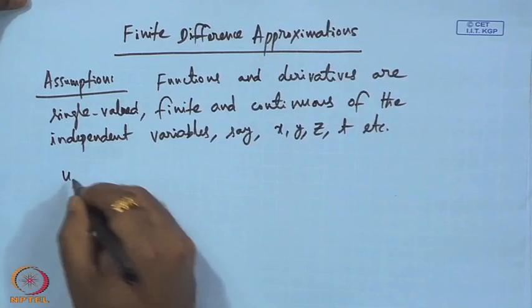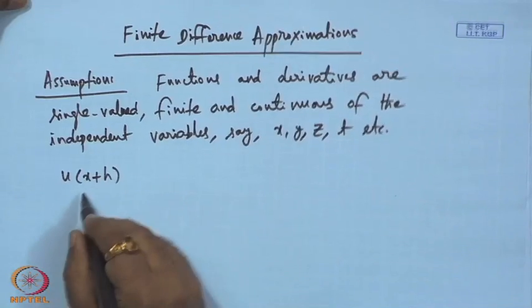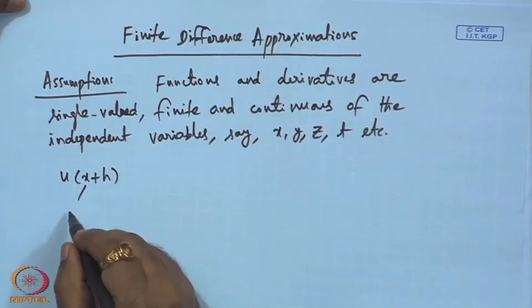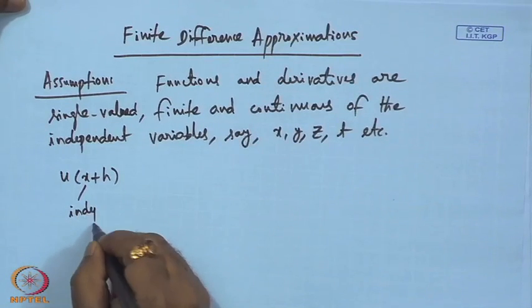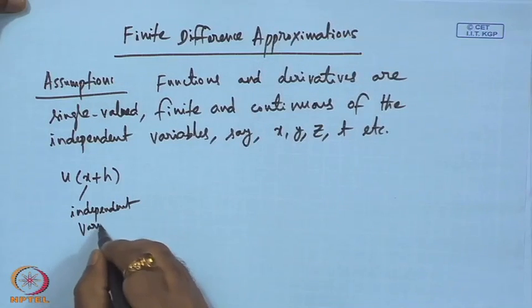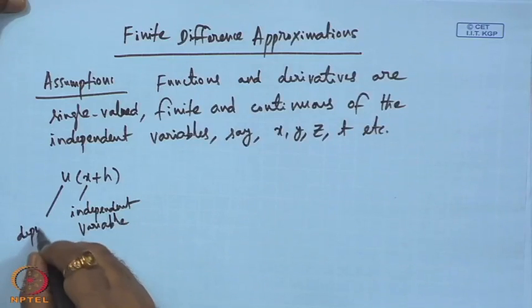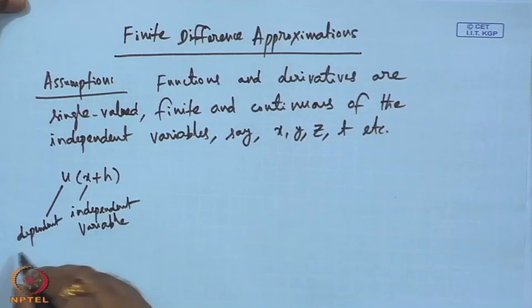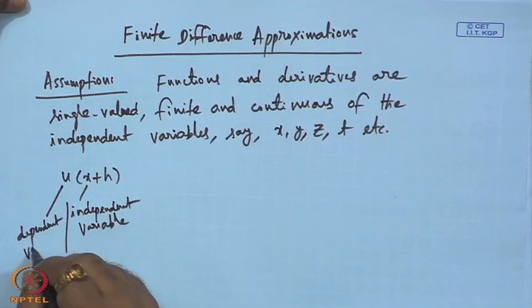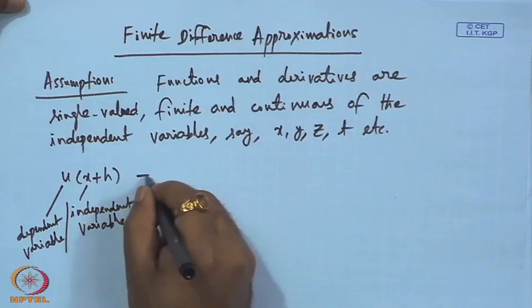Consider u of x plus h. Here x is the independent variable and u is the dependent variable, and h is the increment.